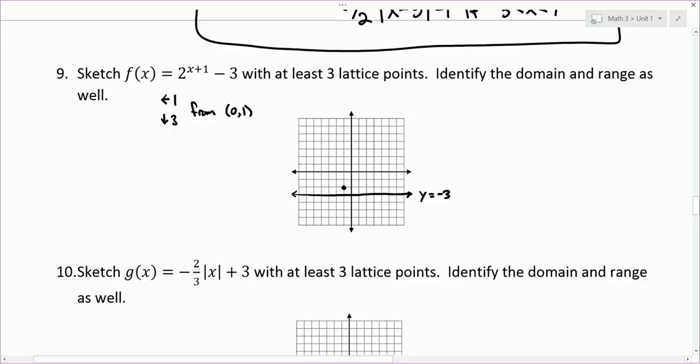We need a couple others. So I have the point when x is -1. I'm going to go 1 to the right, plug in 0, find f of 0. And we get -1 as an answer. So 0, -1 is a lattice point. And then I'm going to plug in a 1 for x.